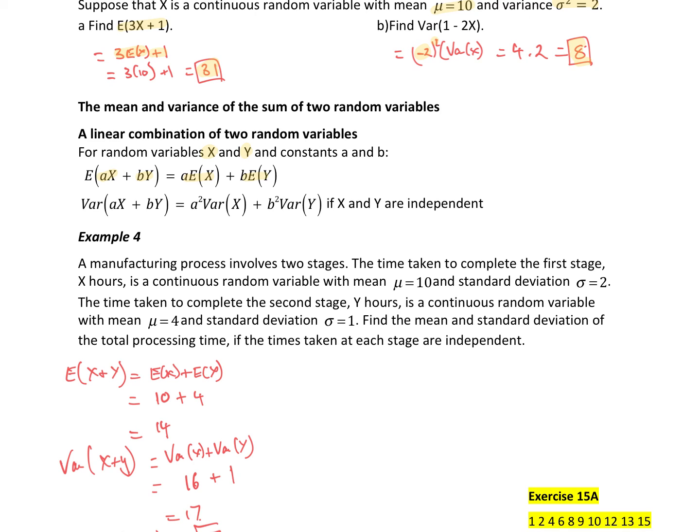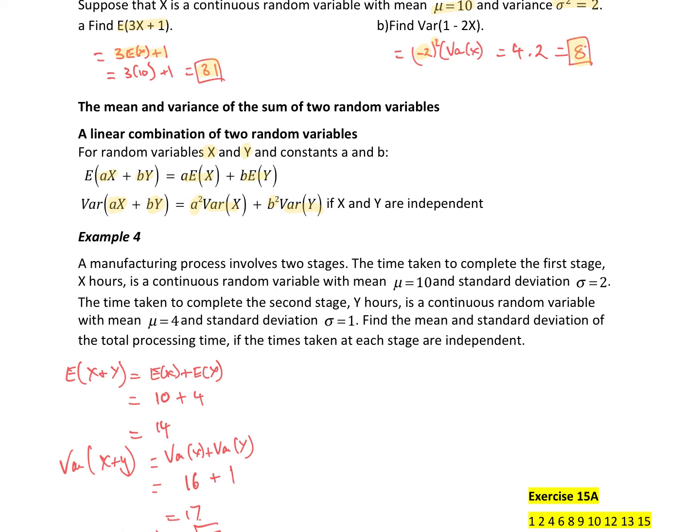Similarly for the variance: if I've got two processes going, the variance of the whole is a squared times the variance of x plus b squared times the variance of y. Again, the variances are independent of each other, and we just add them together.